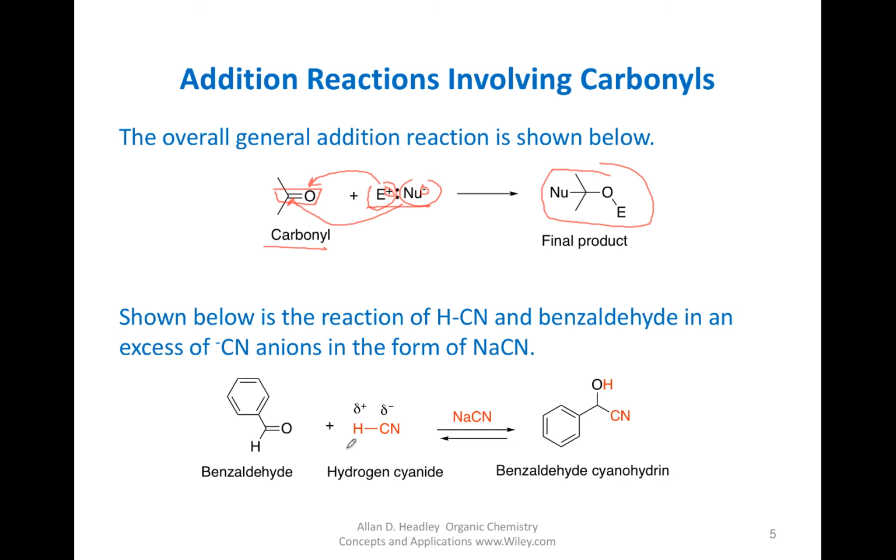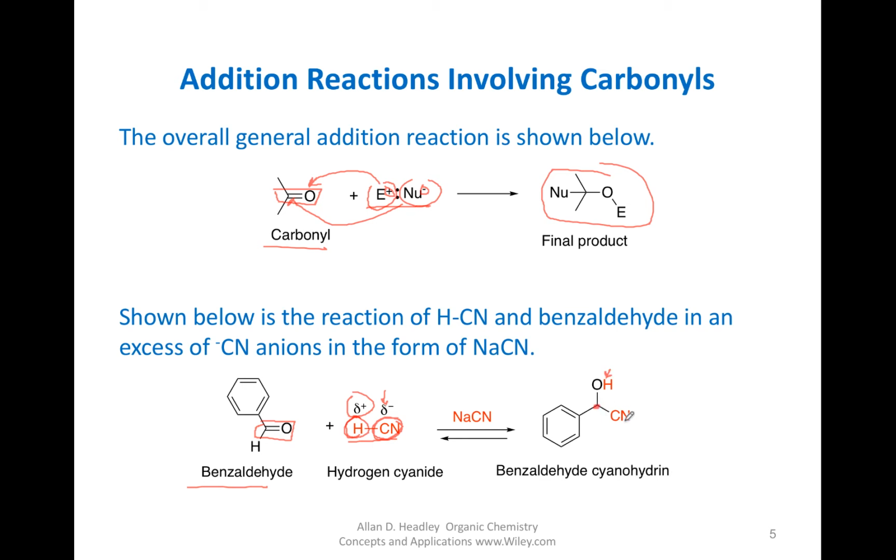Here's an example. Benzaldehyde has this functional group right here, the carbonyl functional group, a polarized carbon-oxygen double bond. In the reaction with HCN, we know this H here is the electrophile, or H plus, partial positive, and we know that the CN here is the negative, so H plus will add over here, and the CN will add to that carbon.